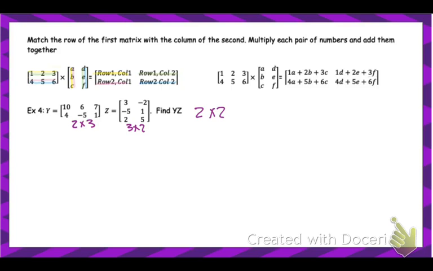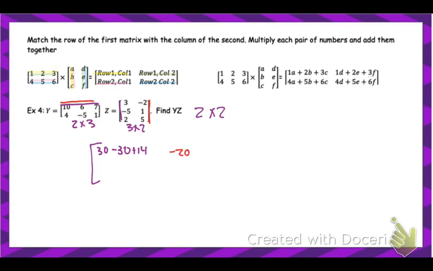So what I do to start, I'm going to take row 1, column 1. So I'm going to do 10 times 3 plus 6 times negative 5 plus 7 times 2. And that's going to be my first entry. Then I'm going to move on to row 1, column 2.